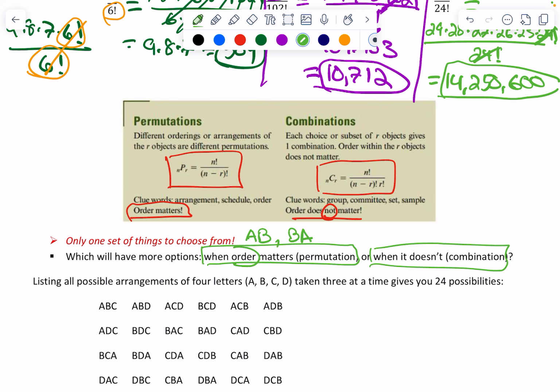So if order matters, A first or B first gives us two different options. When order doesn't matter, AB and BA would be the same, so this is 1. So with the permutation, we'll have more options.